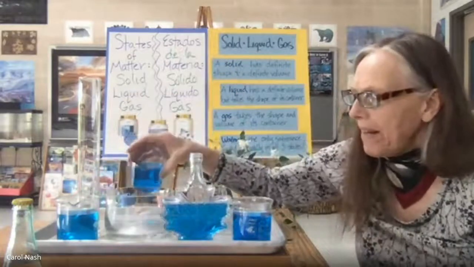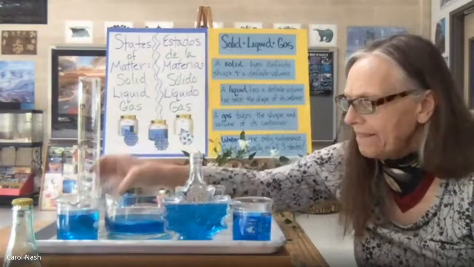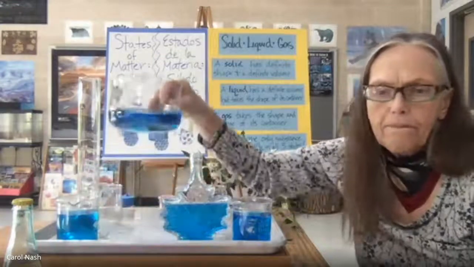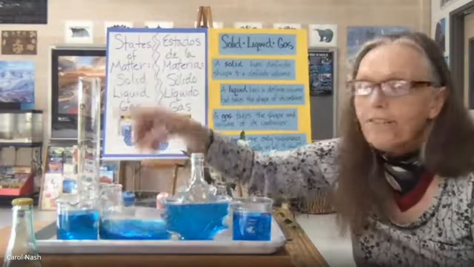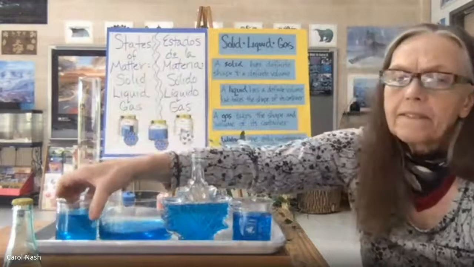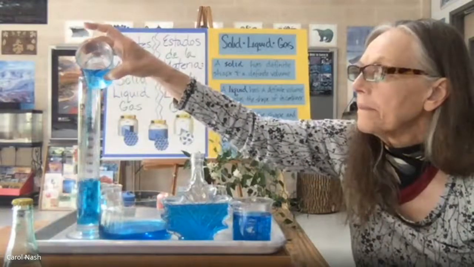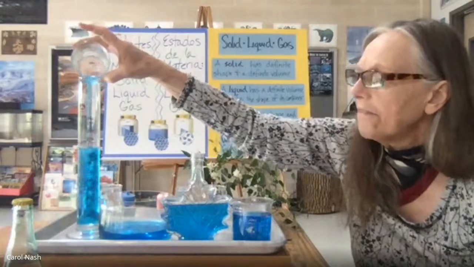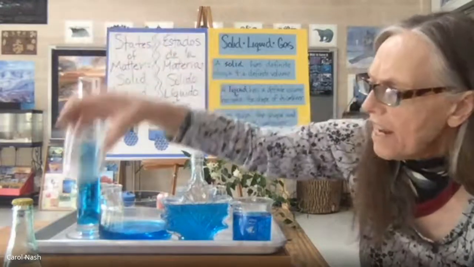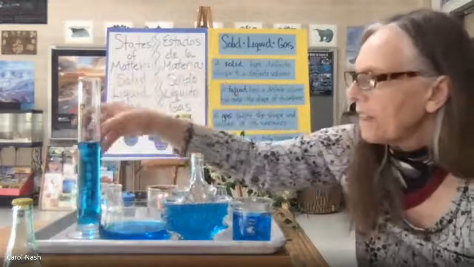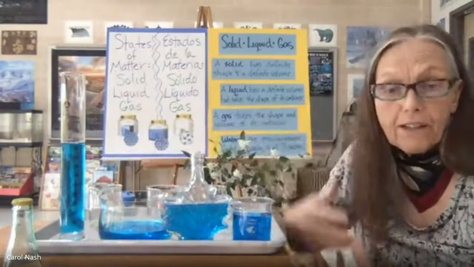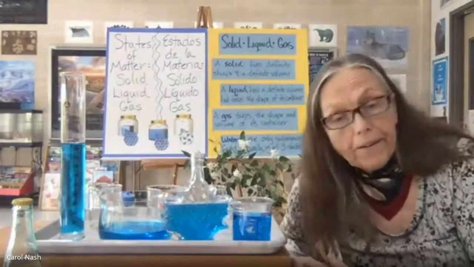I've got a big bowl here and pour it in flat. I've got a tall beaker here. Let's see. And sure enough, it's the same. So all these different shapes of liquid have the same volume, but a different shape.